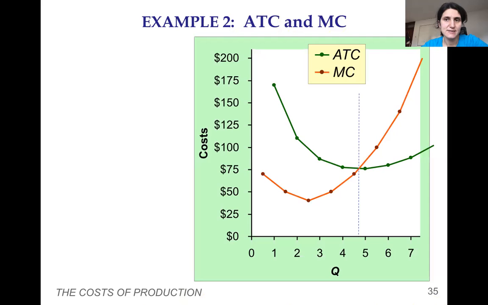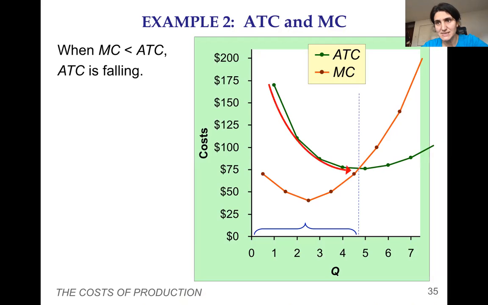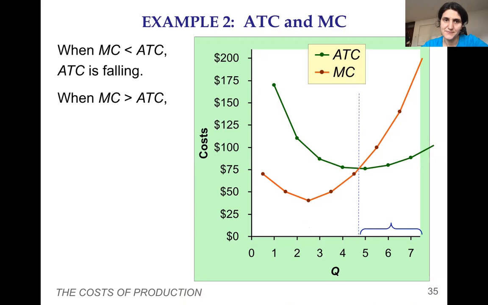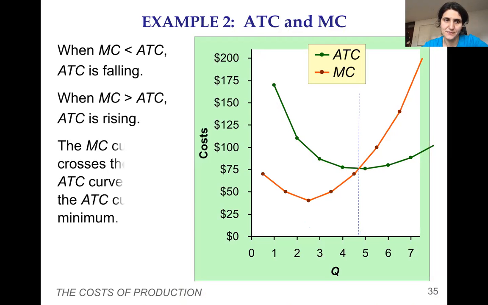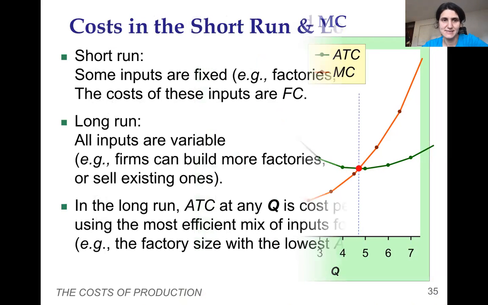And then marginal cost: if the marginal cost is below ATC, remember this green line is ATC, it means that ATC is decreasing. If marginal cost is above ATC, it means that ATC is increasing. The marginal cost curve crosses ATC at the minimum of ATC.